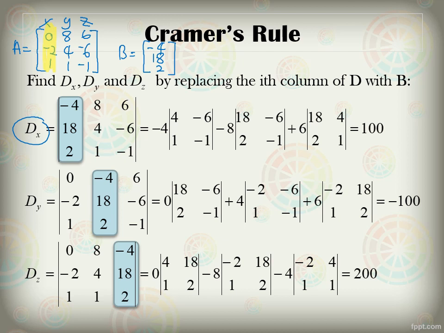But for column x, all the elements will be replaced by the elements in B: minus 4, 18, 2. See? And apply the same way you calculate the determinant of A, and you get Dx equal to 100.